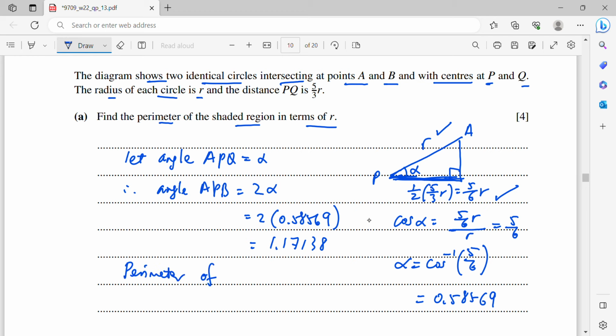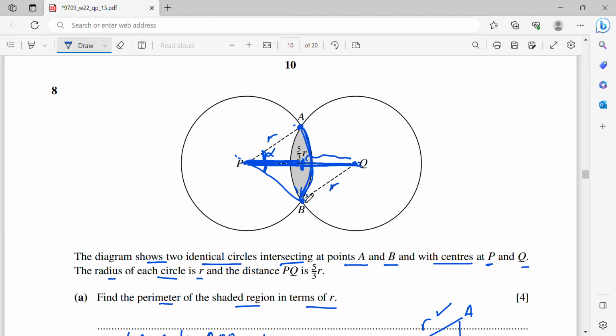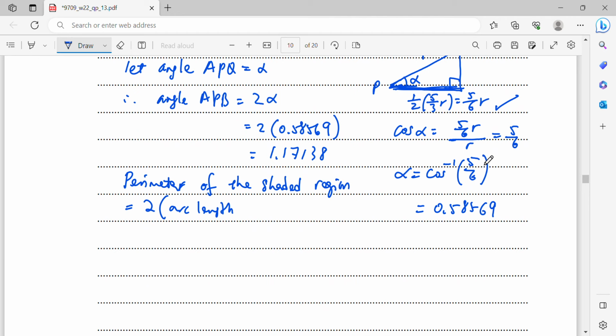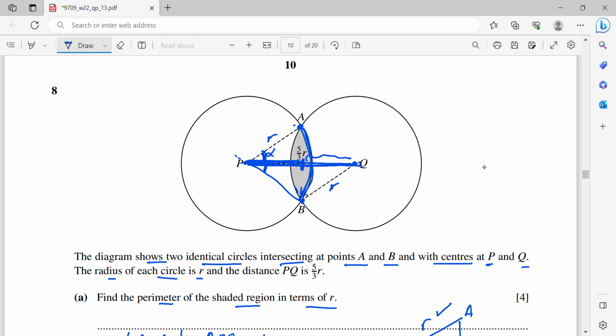Now to get the perimeter of the shaded region, it is 2 of the arc length of sector APB. This is the length, but then we double it because we need to find the perimeter.